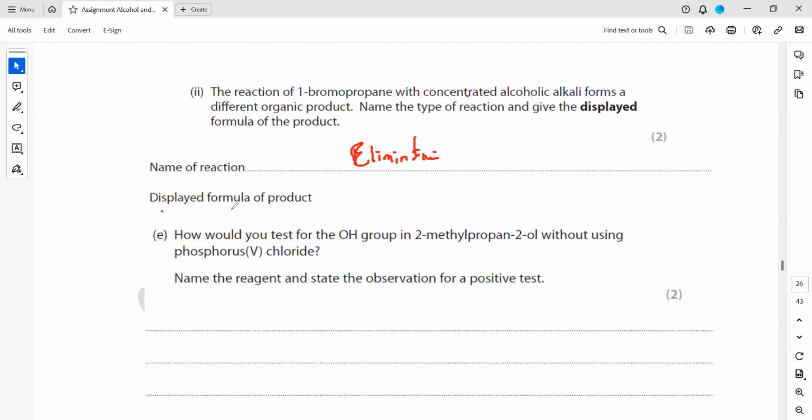And in a displayed formula, we should represent all the atoms and all the bonds. So first I'm drawing 1-bromopropane. This was 1-bromopropane.